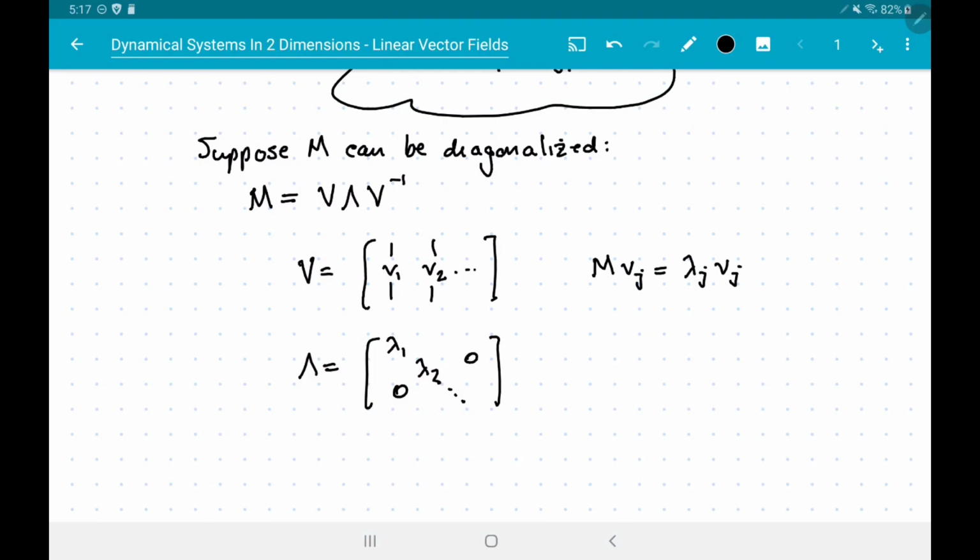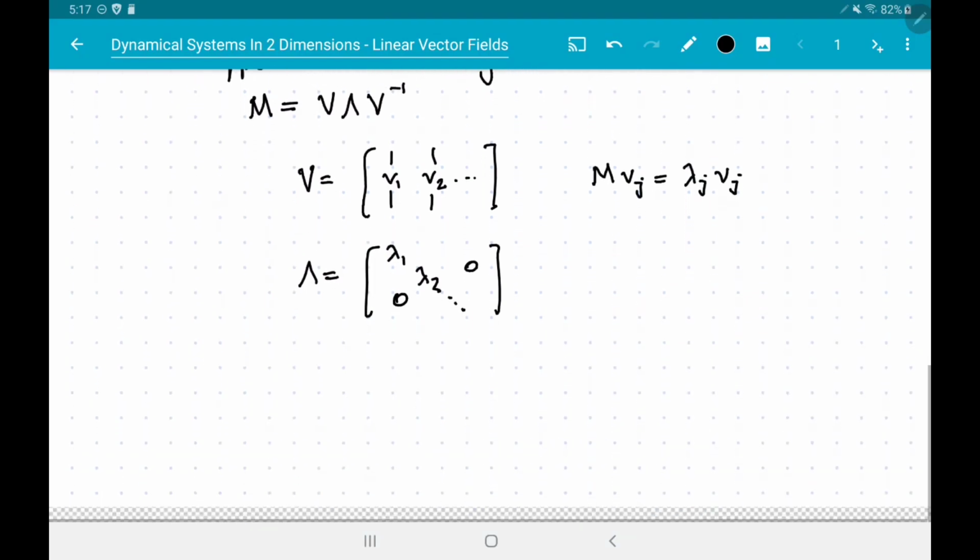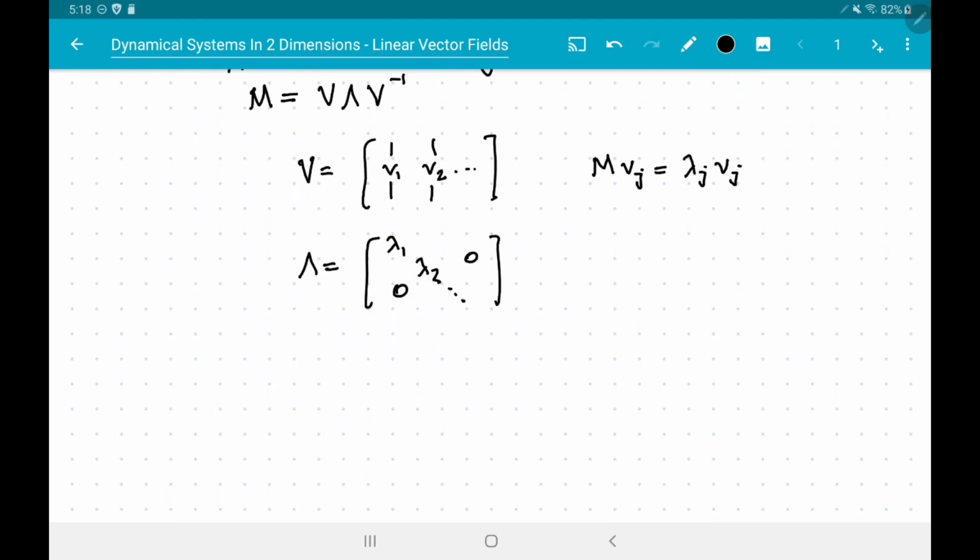What's nice about having this diagonal expression of M is that M squared can be written like this. And the V inverse and the V in the middle cancel out, which leaves you with V lambda squared V inverse.